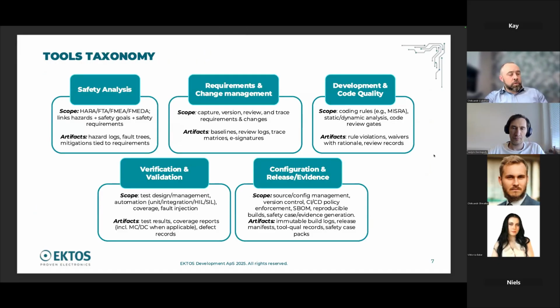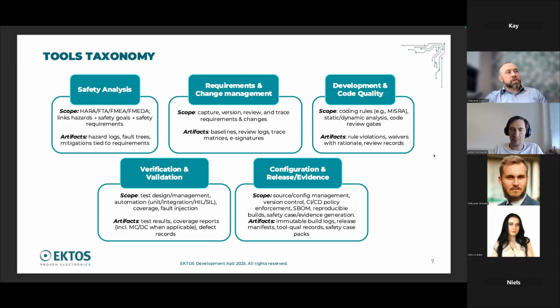So if you look into the taxonomy of tools we shall have when we address functional safety projects, we need some tools that help us to work with safety analysis, so we can generate different artifacts like hazard logs, fault trees, failure modes and effect analysis, or diagnostics as well. So that's the safety analysis part.